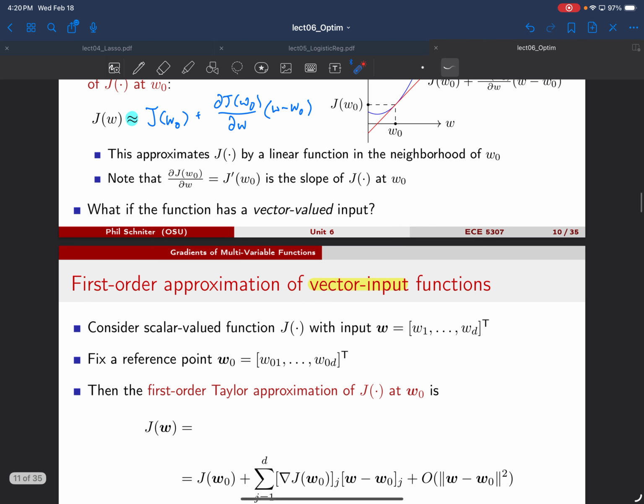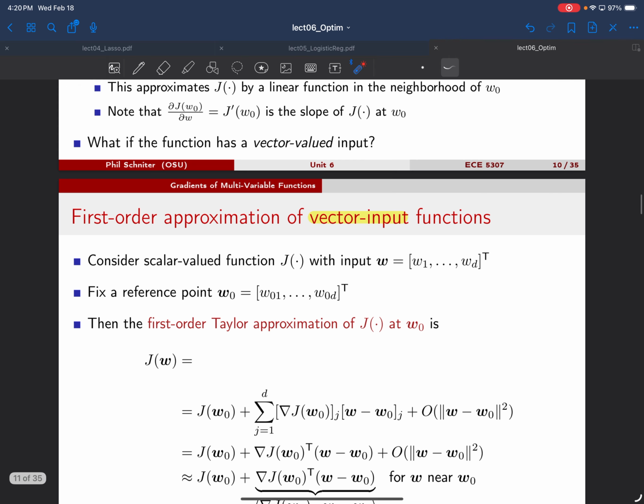Okay, so the way this ends up looking is we have J evaluated at the reference point plus a sum over our D coordinates, j going from 1 to D, of the partial derivative with respect to Wj evaluated at the vector W naught times the deviation from the reference at the jth entry.